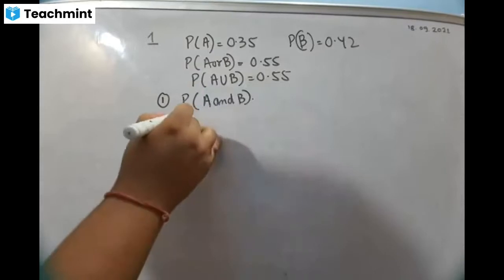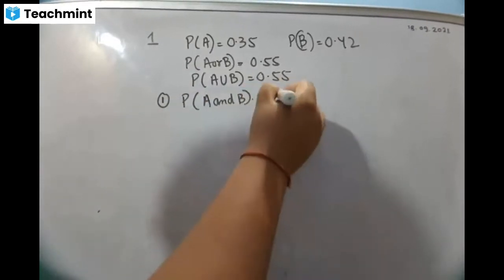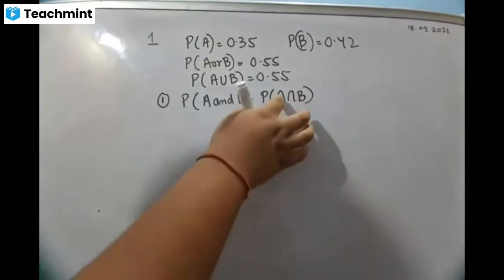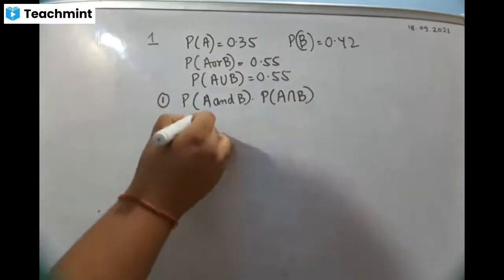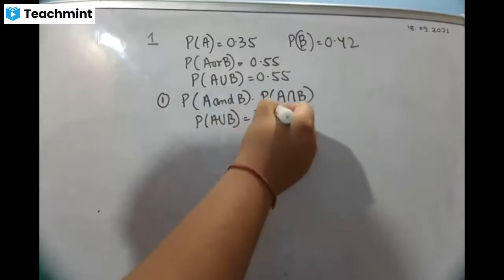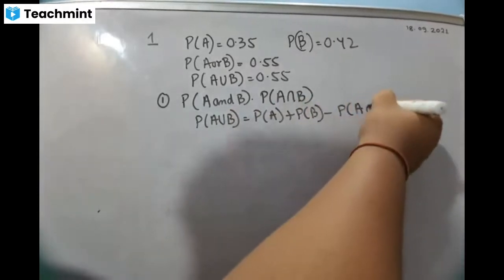So probability of A and B means A and means intersection. That means the element is common to both A and B. So you know the formula, probability of A union B equal to probability of A plus probability of B minus probability of A intersection B.